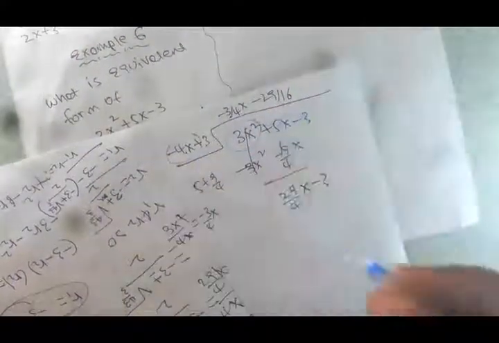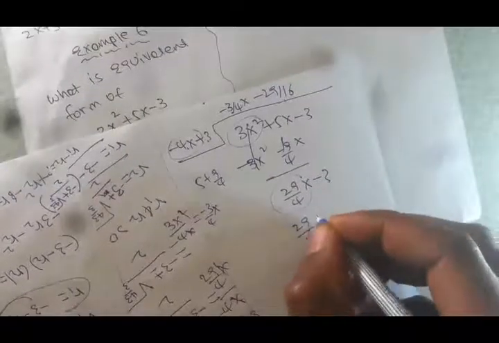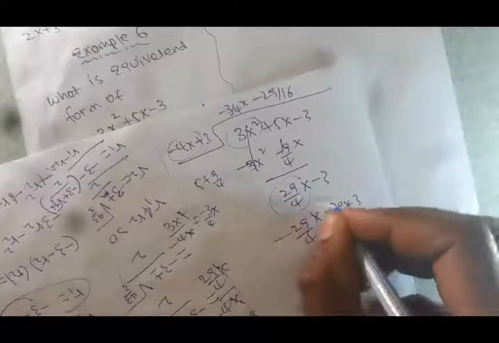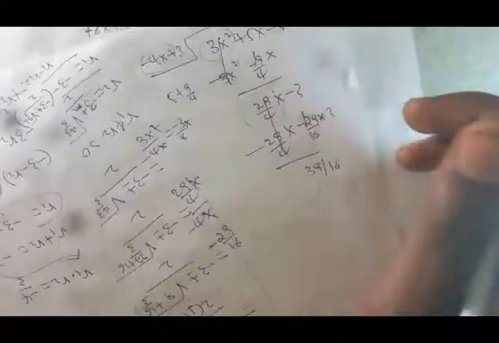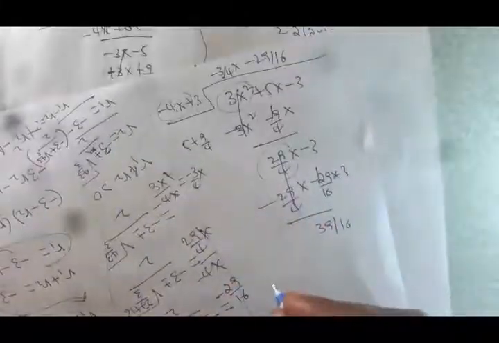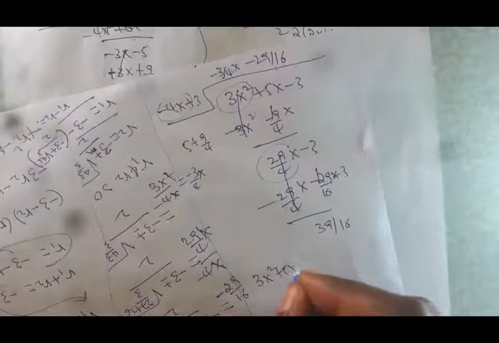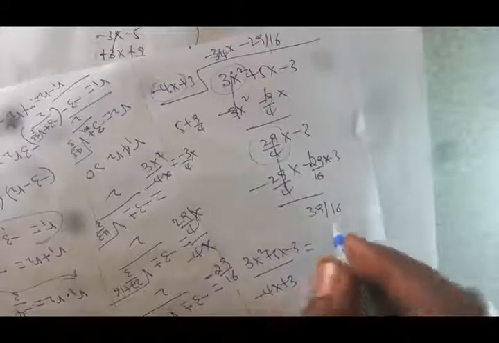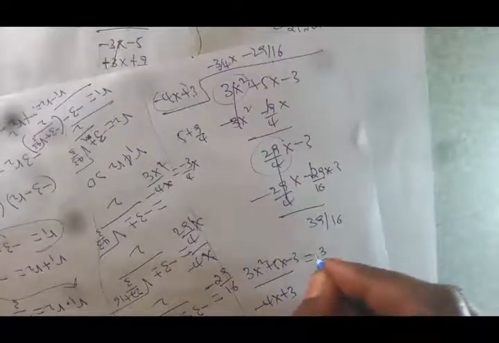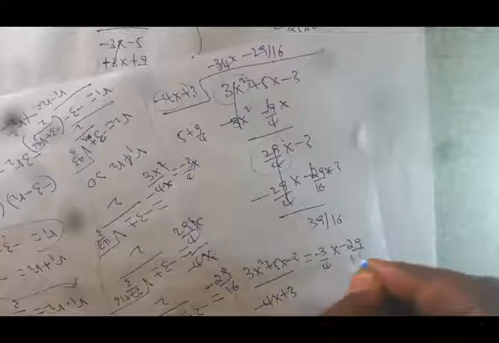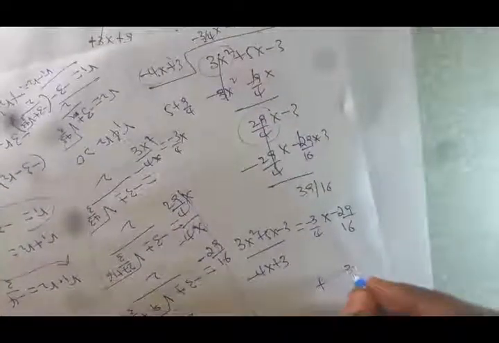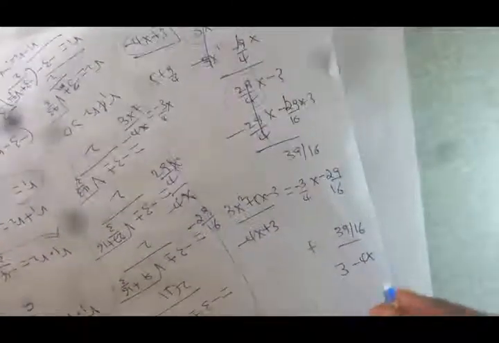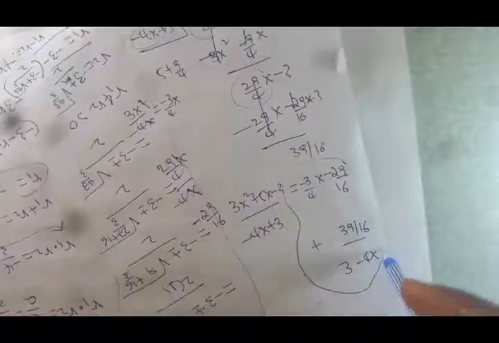Therefore when this is multiplied by this, 29 over 4 x minus 29 over 16 multiplied by 3, minus plus, this will be cancelled. This is equal to 39 over 16. Therefore when 3x squared plus 5x minus 3 over minus 4x plus 3 is simplified, our quotient is minus 3 over 4 x minus 29 over 16 plus 39 over 16 over our divisor 3 minus 4x, or minus 4x plus 3. Therefore this is our solution.